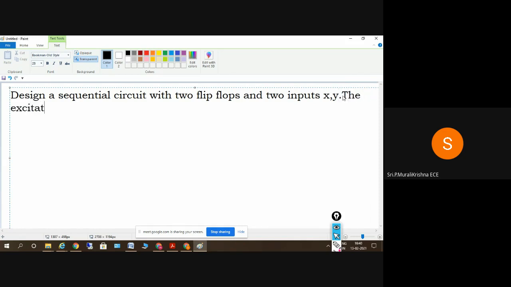The excitation requirement for the flip flops are as follows.